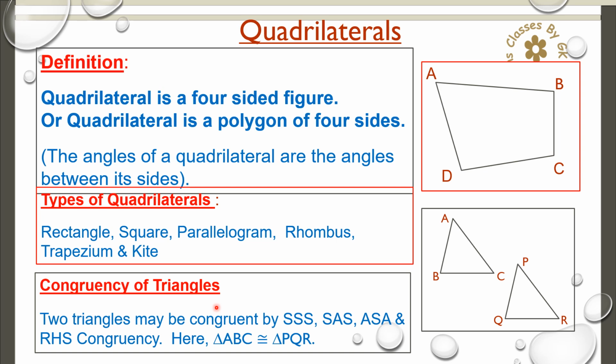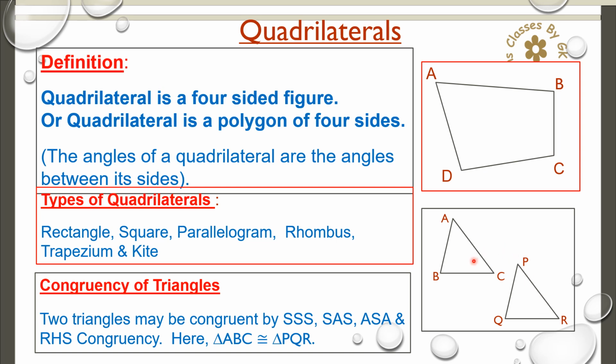Now, before going further, you should learn what is the congruency of triangles. At many places in your textbook, there is mention of congruency of triangles. You might have learned it in your earlier class, but I don't think you must be remembering it now. Let me explain this. These two triangles may be congruent.